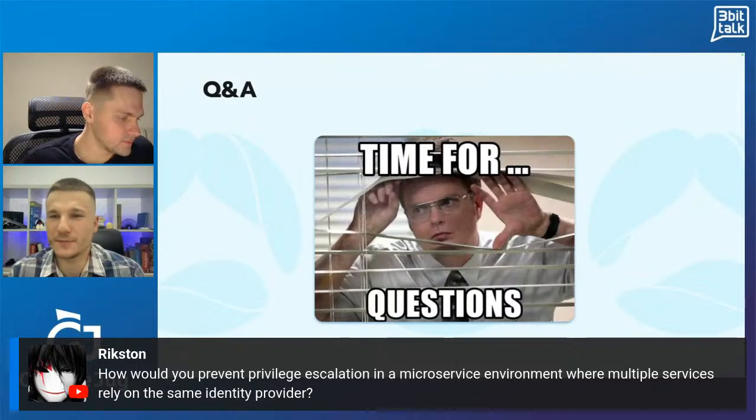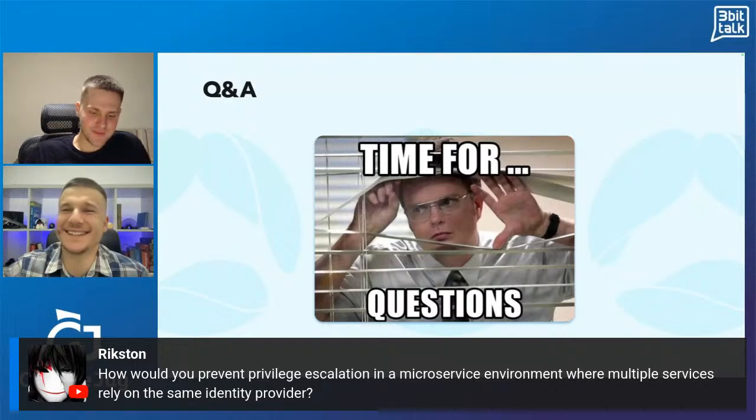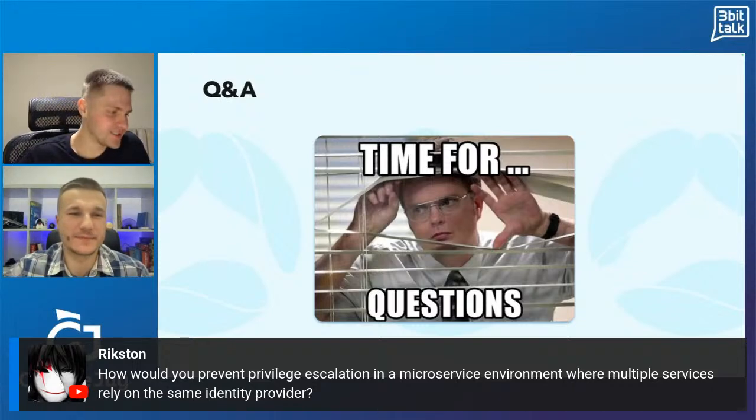How would you prevent privilege escalation in a microservice environment when multiple services rely on the same identity provider? That's actually a good question. If you use OAuth, there is audience and scopes. So you can provide the tokens specified to the specific audience with the specific scopes.